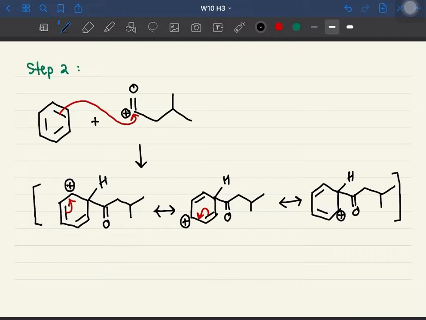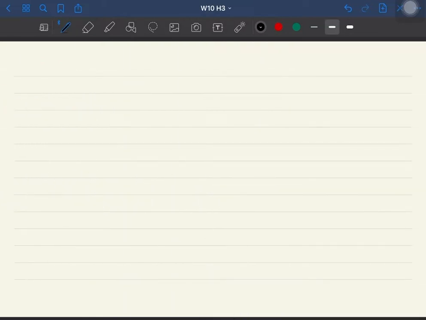And then as for step 3, we're going to take one of the resonance structures to complete our reaction. Step 3 is where we are going to lose one of the hydrogens so that we can retain the double bond inside the benzene. So we're going to take this resonance structure.